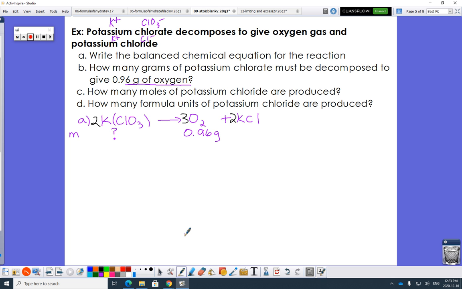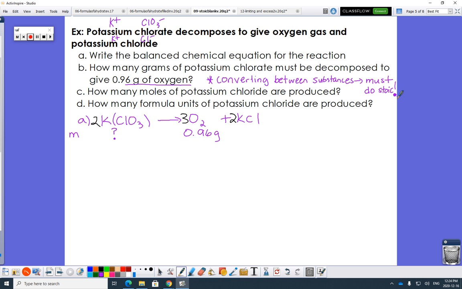When you're trying to convert between substances, you have to do Stoic. And we never compare grams, you change it into moles.